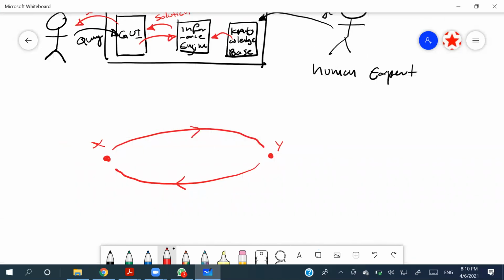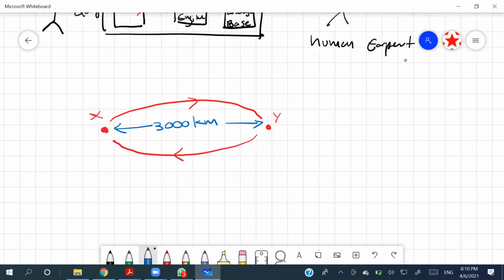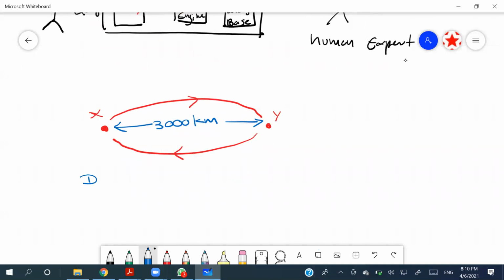Right? So this has 3000 kilometers. Going and coming back, altogether the journey is going to be 6000 kilometers. So what are the details? The distance traveled equals 3000 kilometers into 2. That means 6000 kilometers.